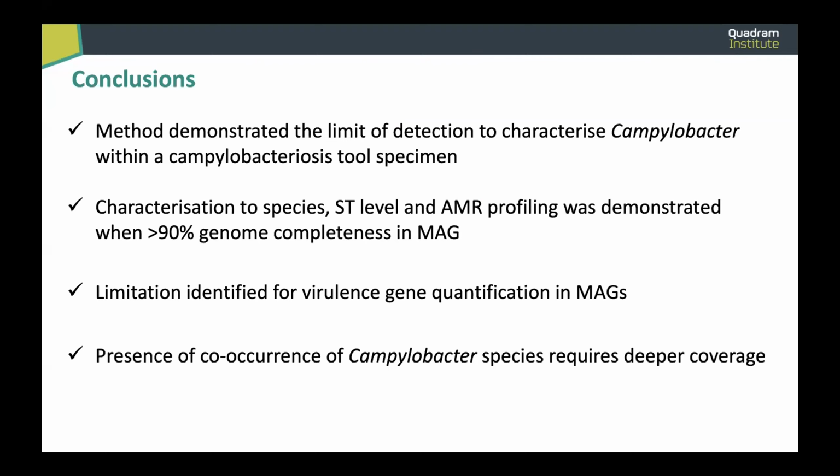So for now, we are working on processing and post-processing techniques refinement to improve the quality and amount of direct sequencing information produced by both short and long read sequencing to target Campylobacter.